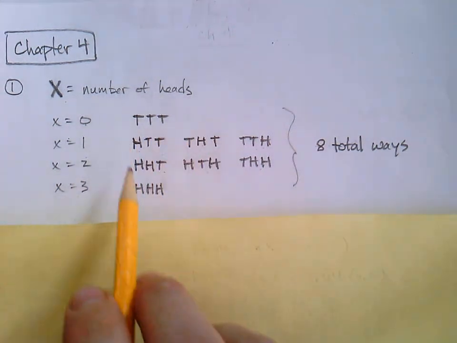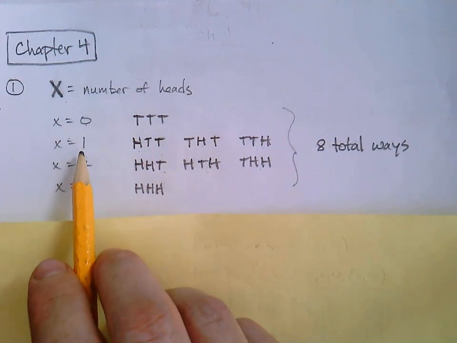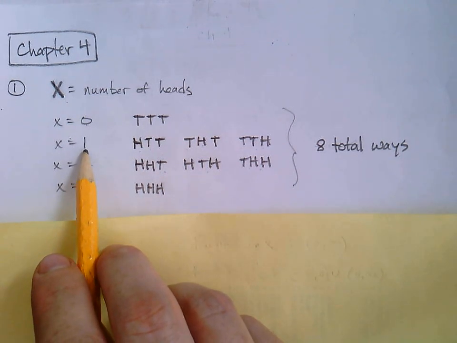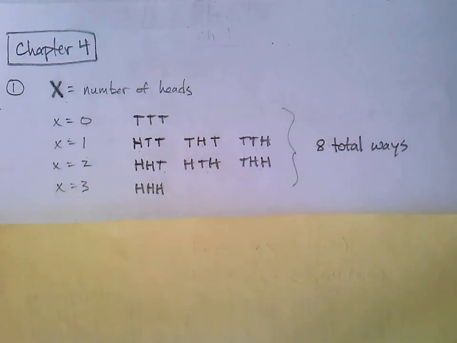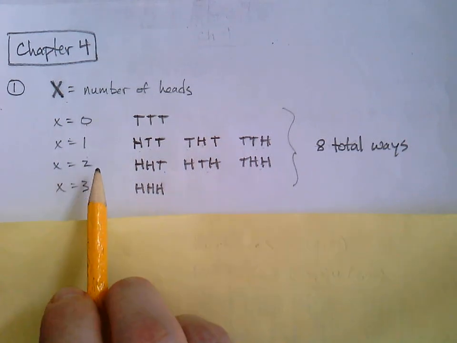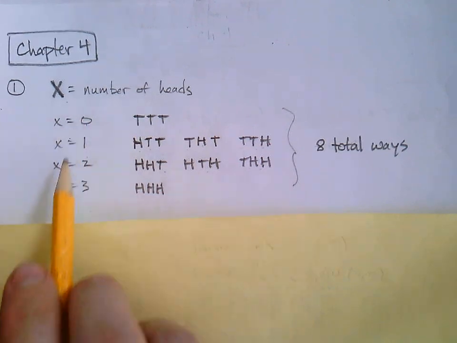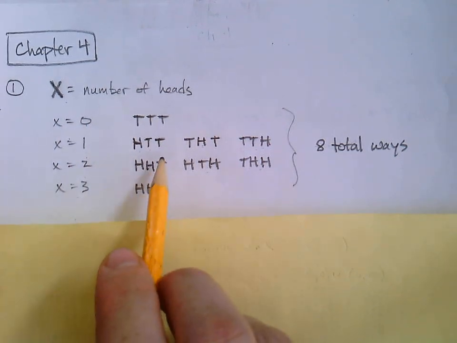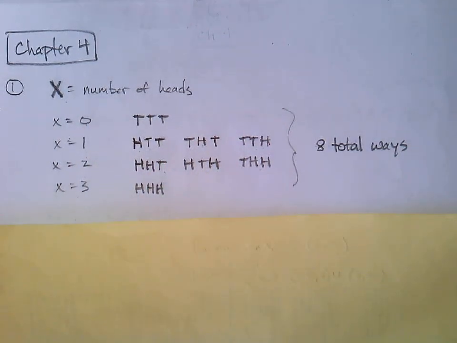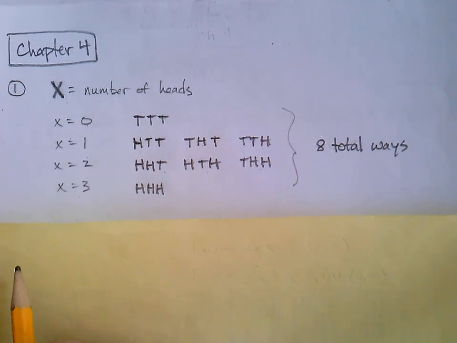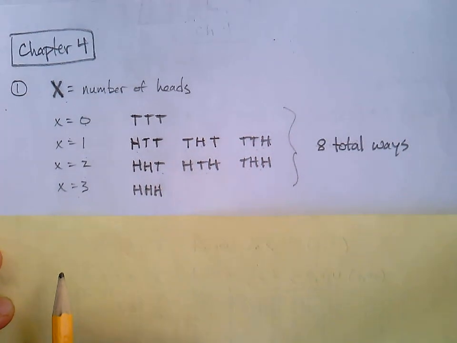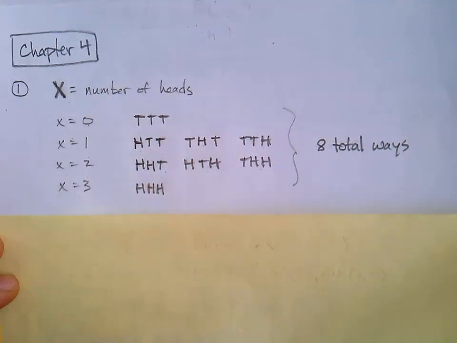As you can see from the ways over here, it's more likely that you get 1 head than getting 0 heads. And the 1 and the 2 have an equal probability, and the 0 and the 3 have an equal probability, just thinking of the number of ways that these can occur. Okay, so let's actually calculate these as decimals, starting with 0.